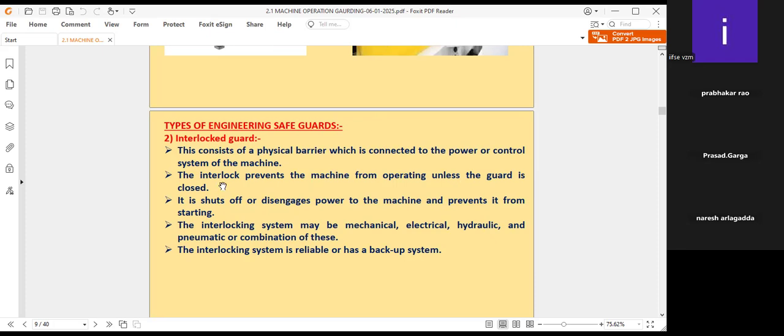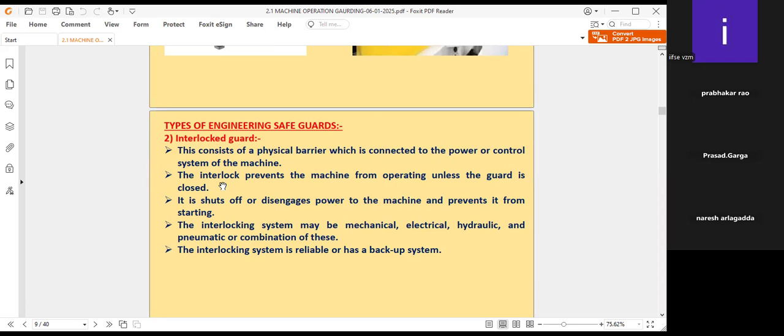The interlock is there, but normally some of the people do not close it. The machine guard, the interlock is not working because it is not closed properly, and because the interlock is not working properly, it can invite risk to those working nearby.